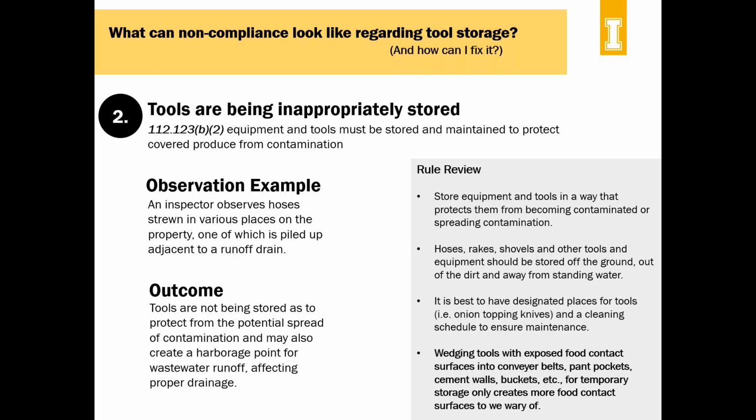This could be an example of an inspector coming out and seeing hoses that are just haphazardly all over the place and piled up. For this example, we'll say that one is piled up in a way that is affecting drainage in a packing house. An outcome of this would be that the tools are not being stored to protect from the potential spread of contamination.